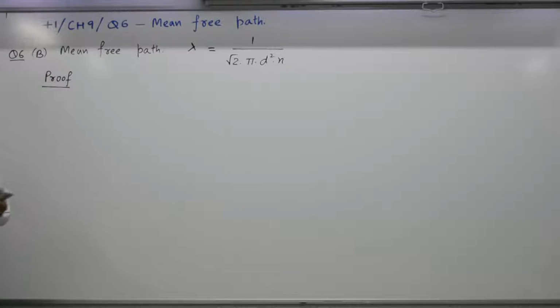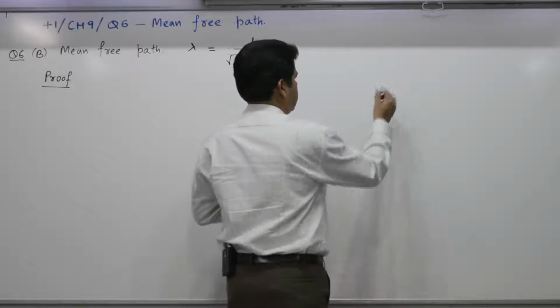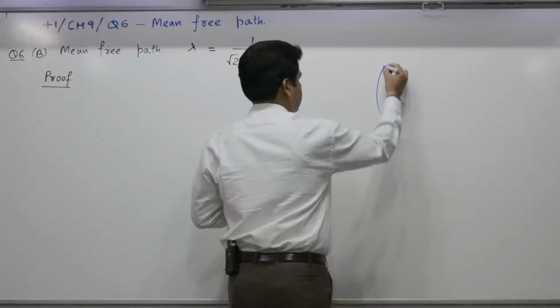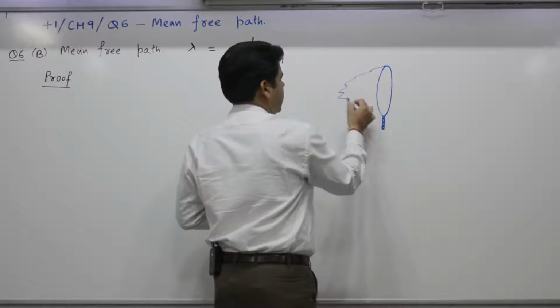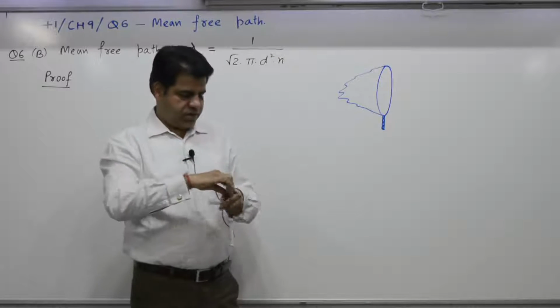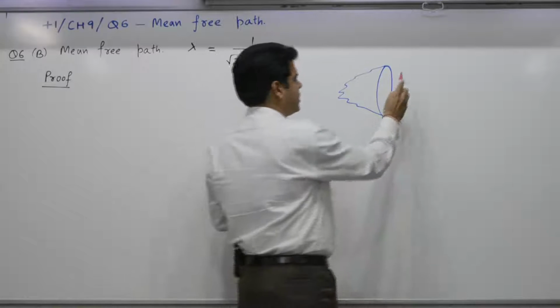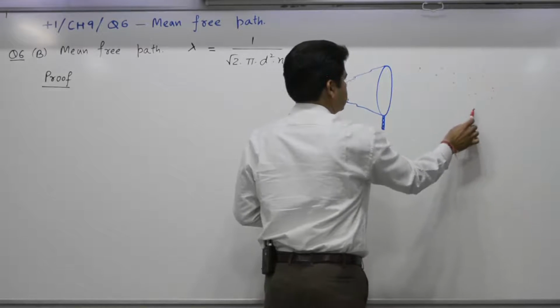You can think of a net. There is a ring and you have a handle, and it is a net. Net for what purpose? To catch mosquitoes. And you have mosquitoes here, that means atoms, you can say.